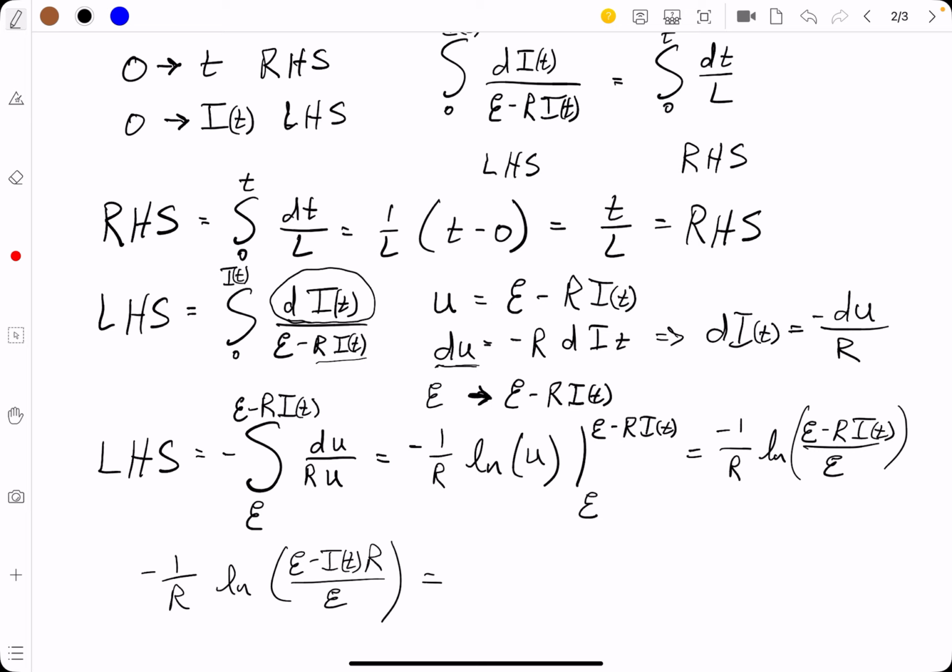On the right-hand side, we've got t over L. And now I'm going to do all the constants on one side and the natural log on the other, because what are we going to do?